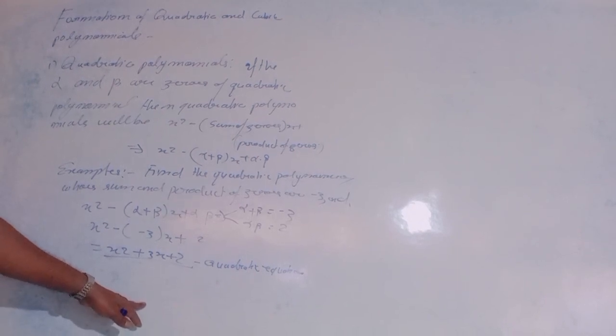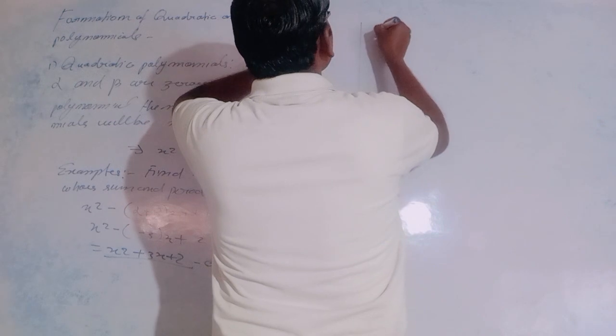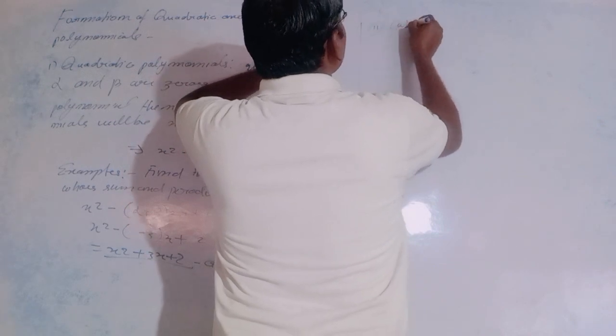Second rule: formation of cubic polynomials.